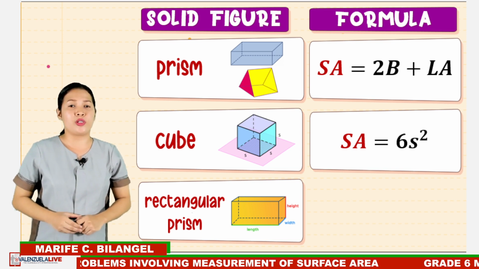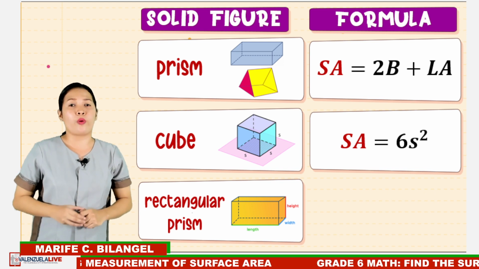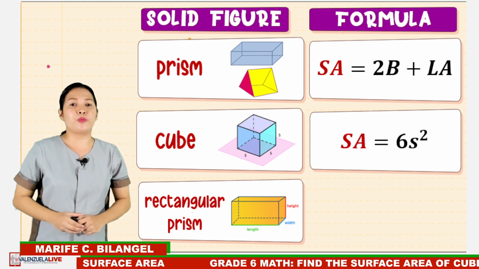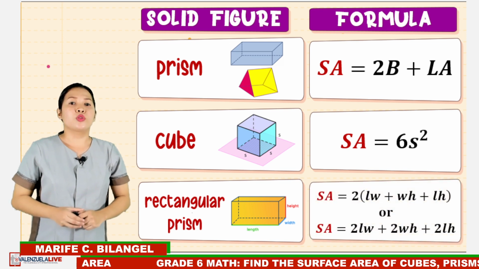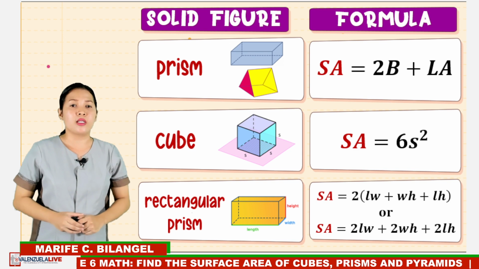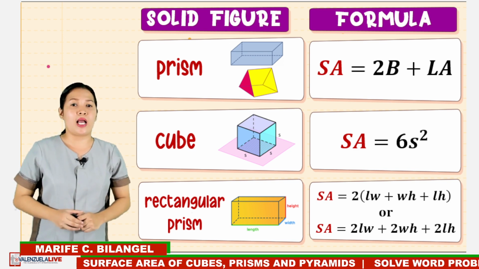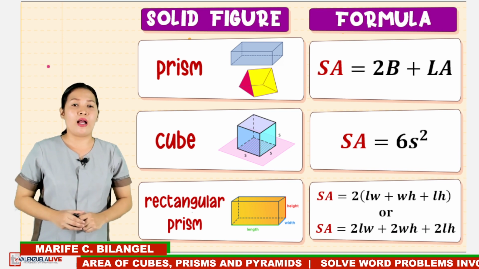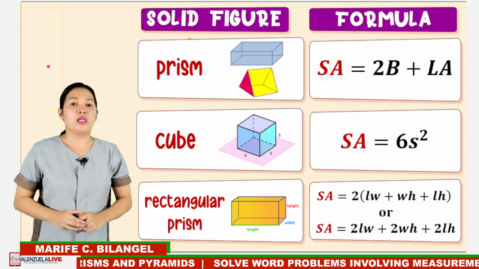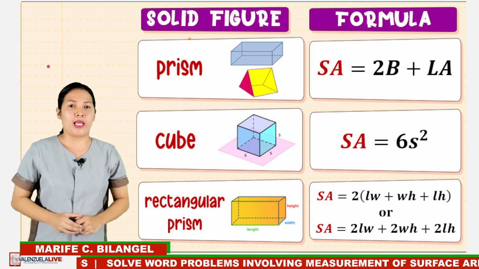To get the surface area of a cube, we have 6 multiplied by the square of a side. For the rectangular prism, we have 2 multiplied by the quantity length times width plus width times height plus length times height, or we can have 2 times length times width plus 2 times width times height plus 2 times length times height.